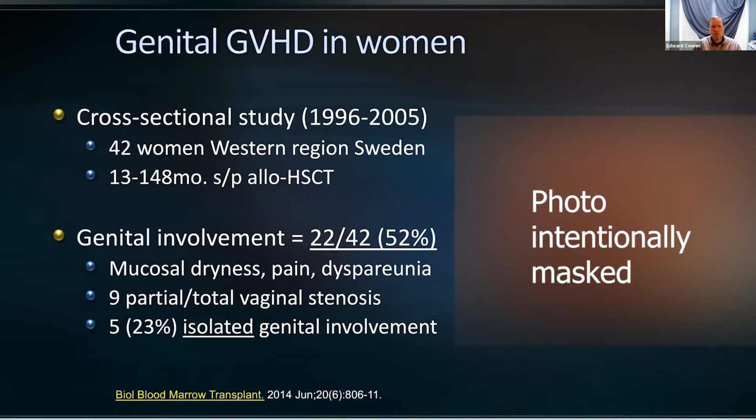In just one study I'll highlight here, in women after transplant, genital involvement was found in half of the women, but the really interesting finding was that 23% of the time, women had just genital involvement. So even if you're doing well overall and you don't have other signs of skin GvHD or oral GvHD, it's possible to still have genital involvement that's gone undiagnosed.